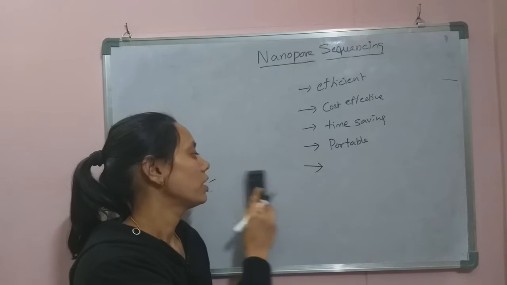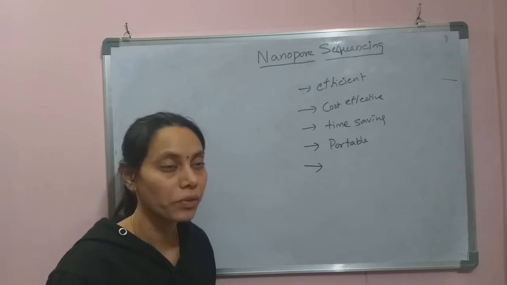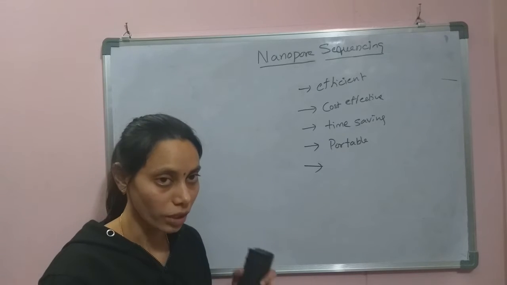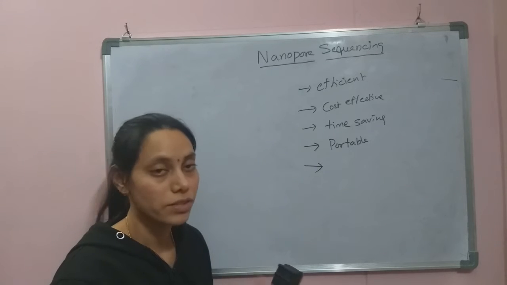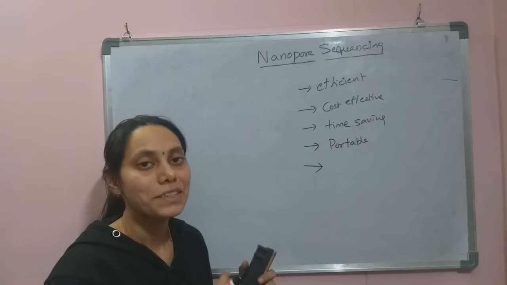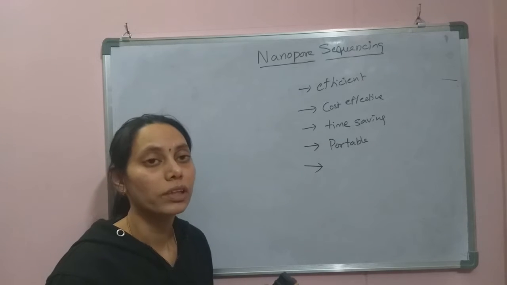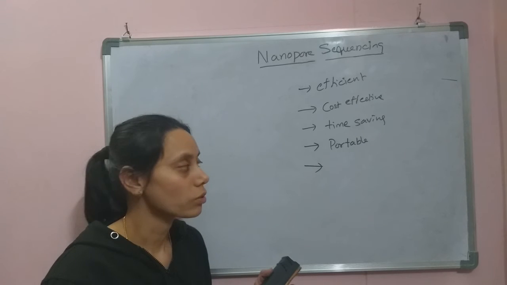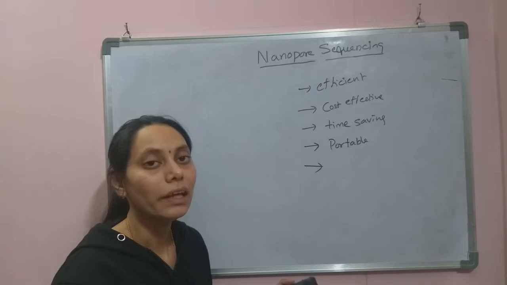So the double-stranded DNA or RNAs can be directly taken, and that will be directly sequenced. In a single stretch of time, the DNA sequencing will happen, and it does not depend upon the size of the DNA. So any length of the DNA can be simply sequenced.